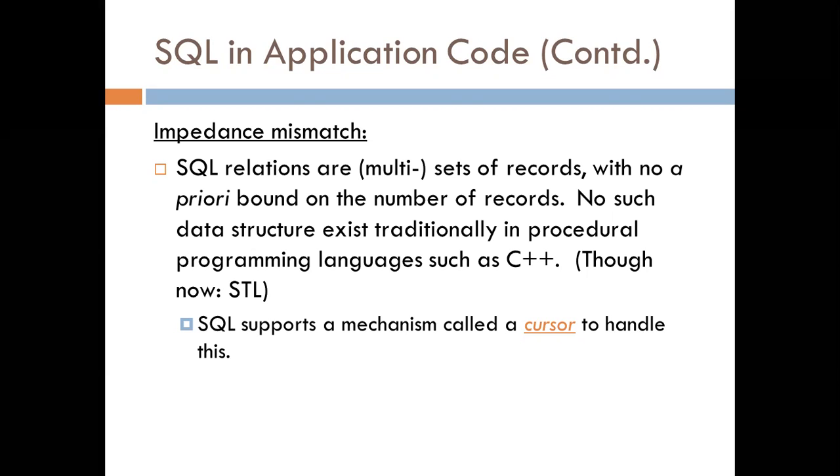Using this concept of cursor, we can move from one row to another, or we can iterate in the backward direction also, going to the previous row. Once processing is complete, we can close the cursor. Thus a cursor essentially allows us to retrieve the rows in a table by positioning the cursor at a particular row, and then we can read its contents. Initially the cursor will be at the first row.